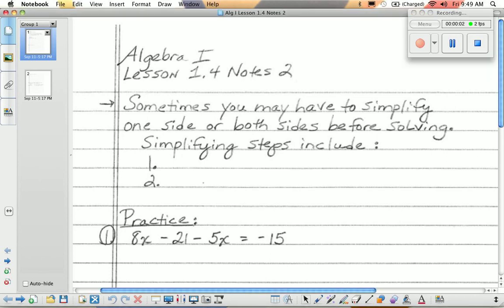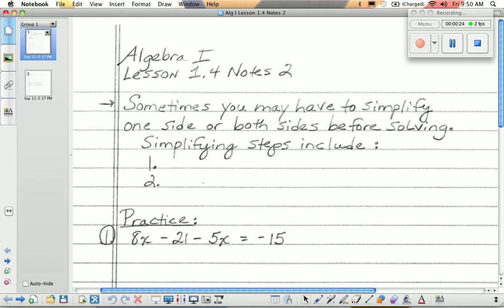So continuing on in lesson 1.4, what is our third objective in lesson 1.4? Braden? Simplifying before solving equations. Simplifying before solving. Now, there's a difference between simplifying and solving. Simplifying is something you just do on one side.